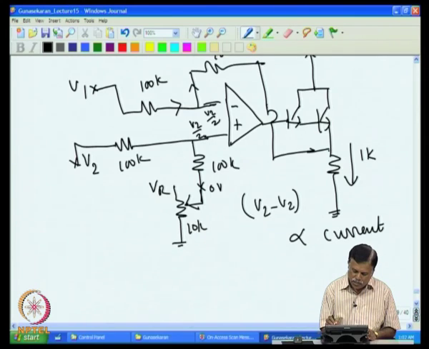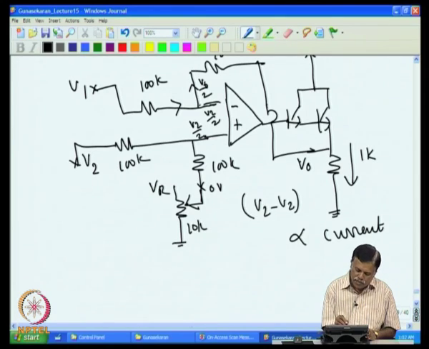So, the voltage at this point is actually applied to this divided by 2, because whatever voltage is there, say V0 here, comes as half of that. So, V0 by 2 will come. If the current increases, V0 will increase and that will increase this voltage, because half of V0 is appearing here.